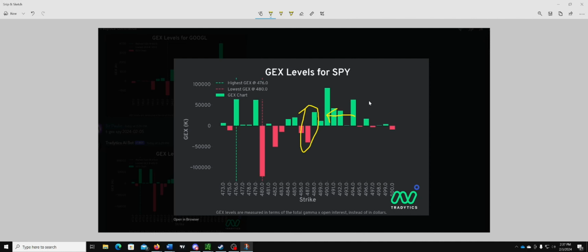This is all market makers, by the way. You should understand, this is big money trading complicated option strategies to create this. This is not the market makers manipulating the price action.